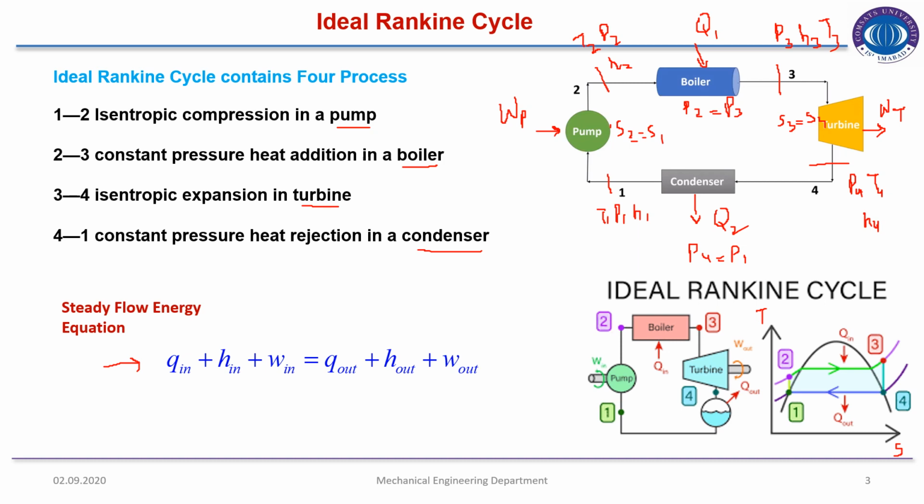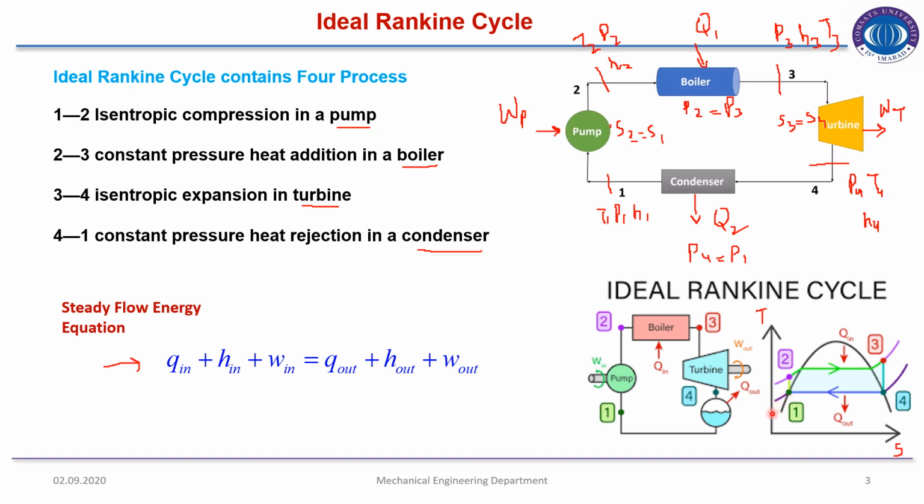So for process 1 to 2, as you can see, this is an isentropic process. This is isentropic compression in a pump. So the pressure as well as temperature will increase. So this is an isentropic process, so it is a straight line parallel to the y-axis.